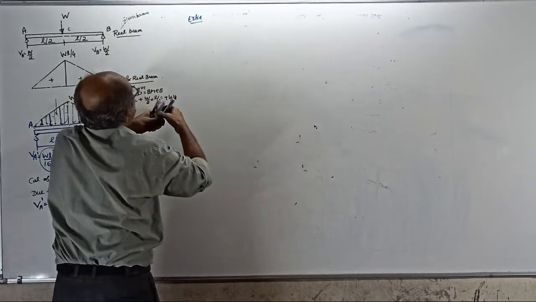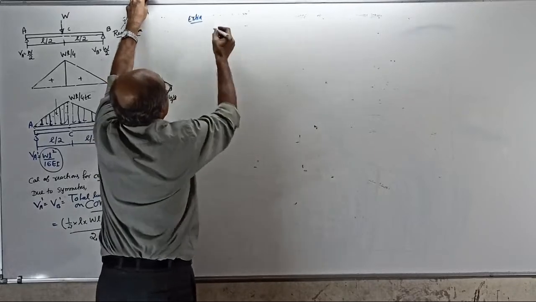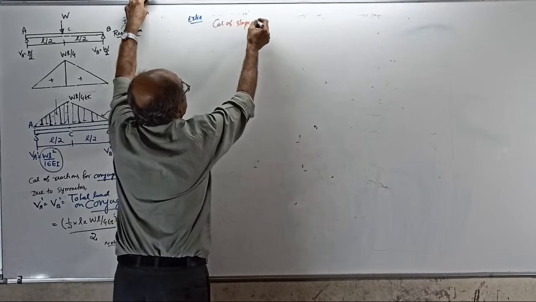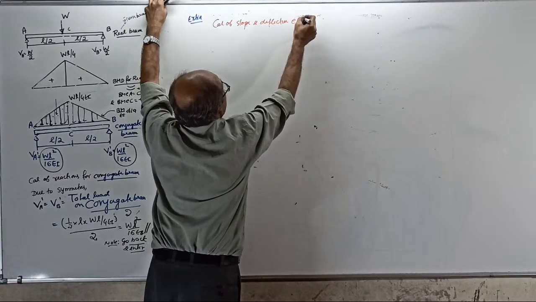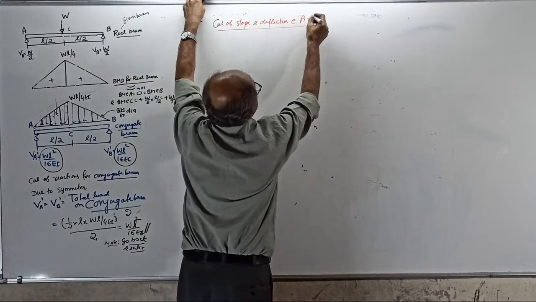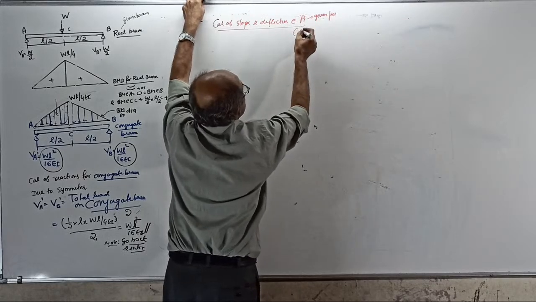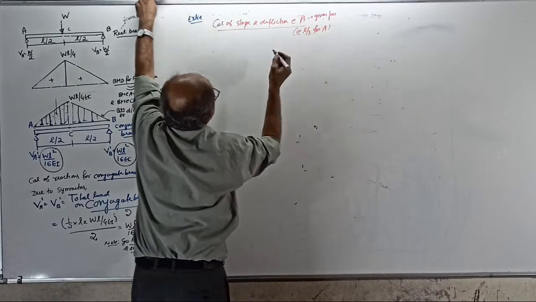that first already marked. I will use red color. Calculation of slope and deflection at P1. That is a random given point. It is a given point at L by 3 from A. Okay, one note.